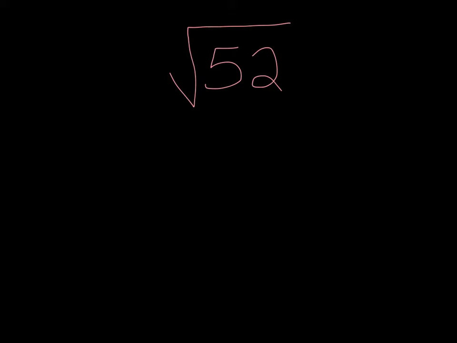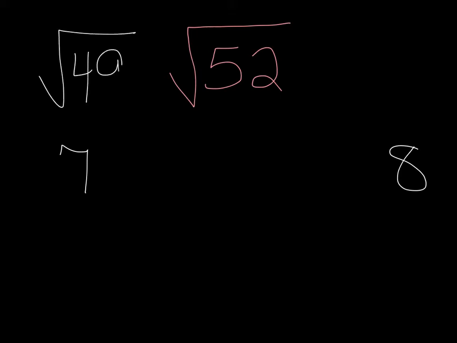I know that the square root of 52 is somewhere between the whole numbers of 7 and 8, because the perfect square that's right below 52 is square root of 49, and the square root of 49 is 7, and the perfect square that's right above 52 is 64.